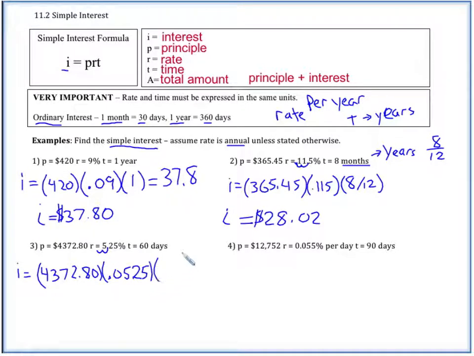And now we have 60 days. So we say, well, how many days are there in a year? Well, there's 360. And so we want to do this division, 60 divided by 360. Now I know there are actually 365 days in a year, but again, remember for ordinary interest, we are going to use 360 days equals 1 year. So we do 60 over 360.